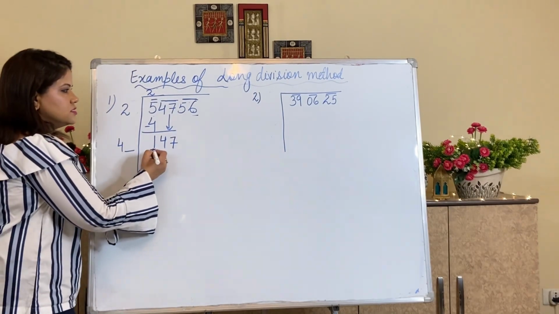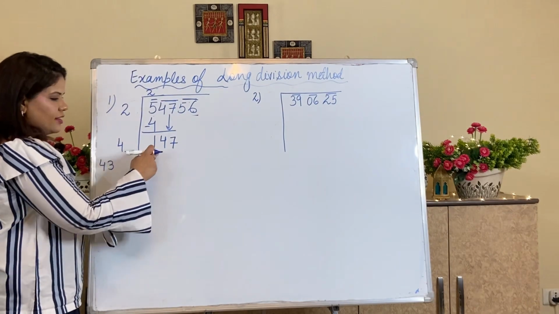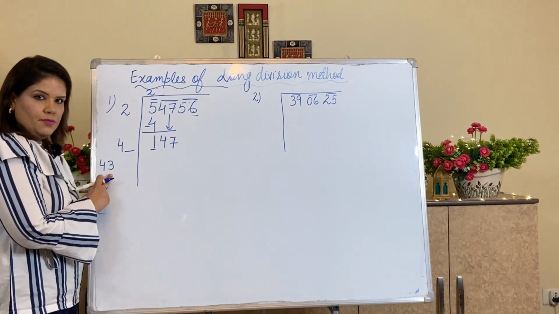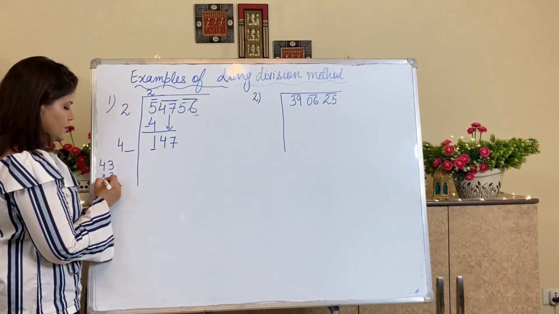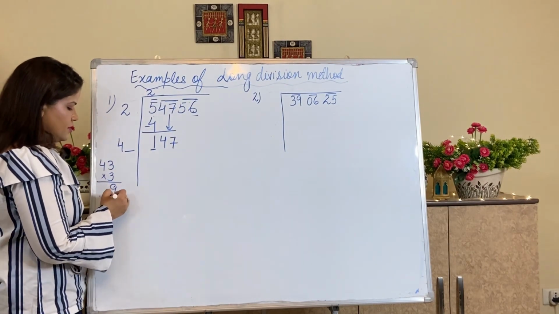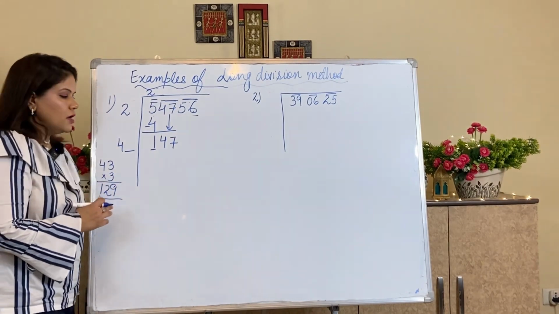Now, since this is 147, we know that it will come with 3 because with 4 it will go above this. So 3 3s are 9, 3 4s are 12. So this is the largest number possible.